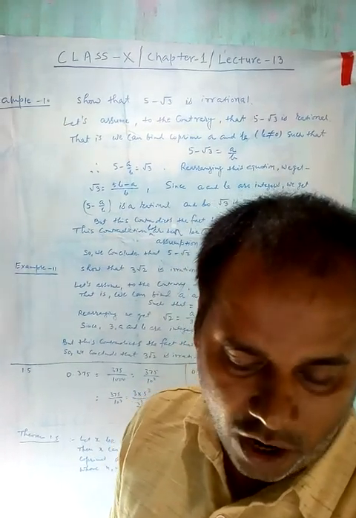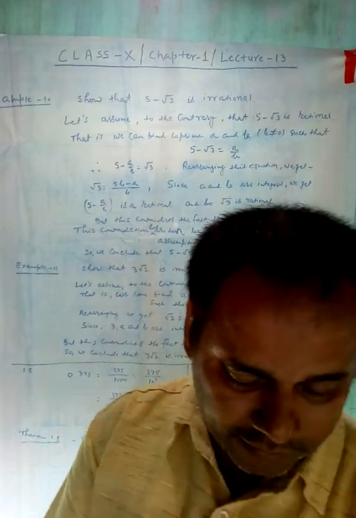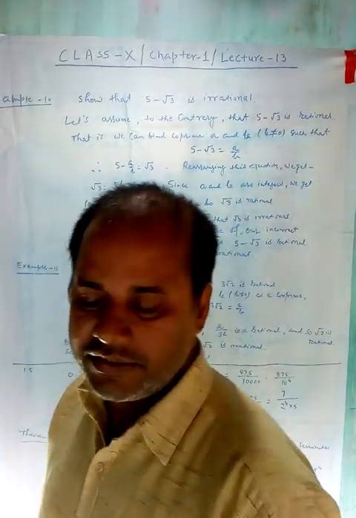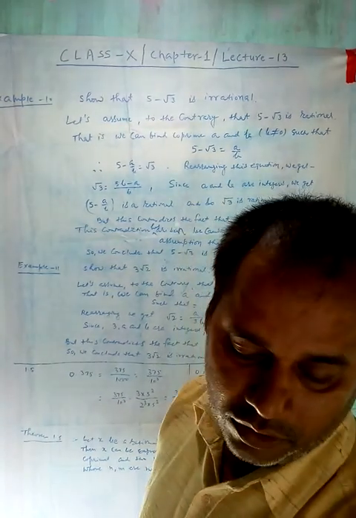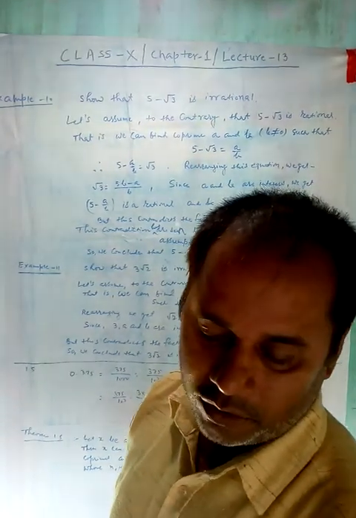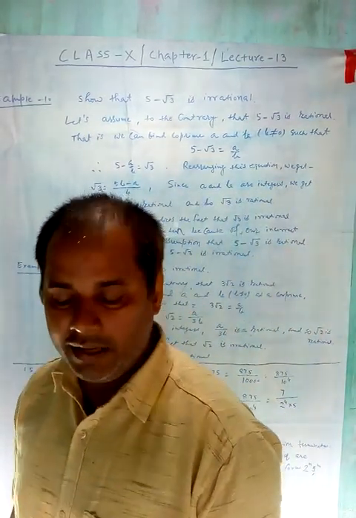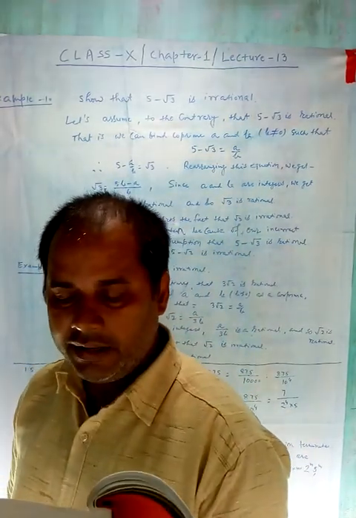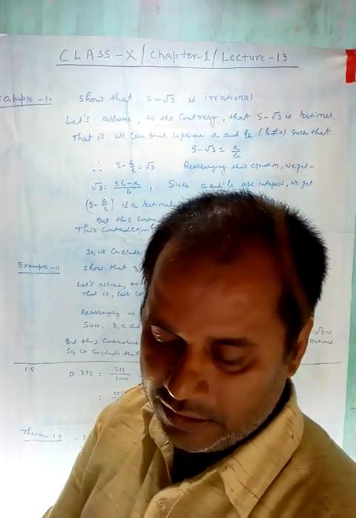So, cancelling out the common factors between the numerator and the denominator, we find that the real number is a rational number of the form p by q, where the prime factorization of q is of the form 2 to the power n into 5 to the power m, and m, n are some non-negative integers.